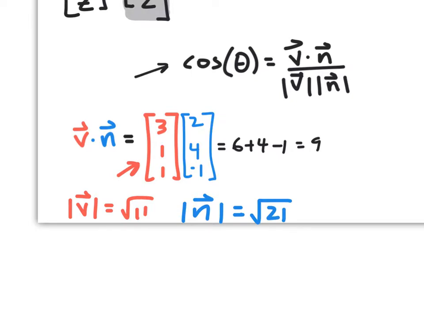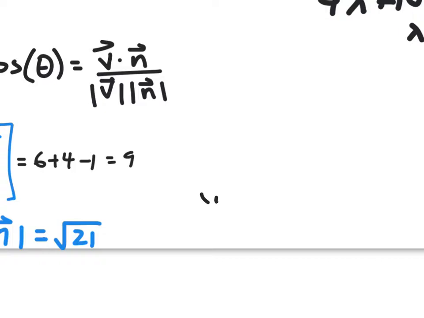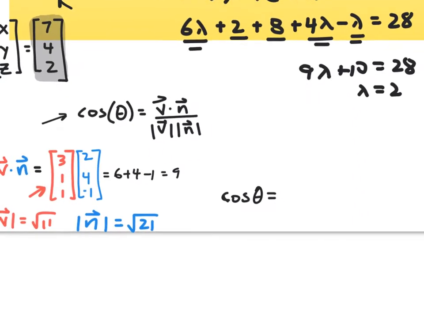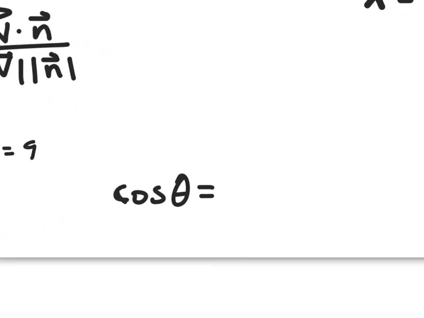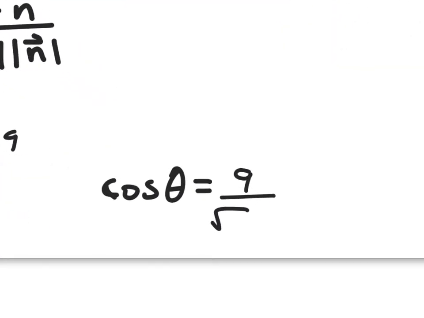So if we wanted to find the angle, and I unfortunately don't have my calculator with me, I would take the dot product of v and n, which was 9, and divide it by the square root of 11 times 21. Take the inverse cosine of that, and you'll get some angle.